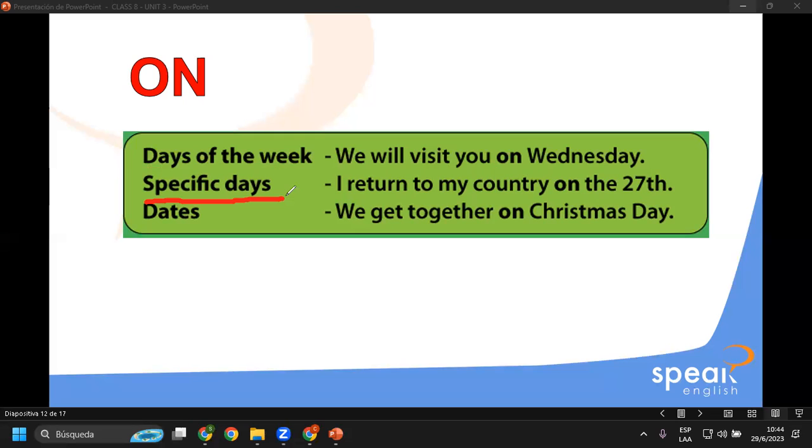And now look at the contrast. We also use it for dates. What is the difference between at Christmas and on Christmas Day? What do you think? Specific day. Exactly.